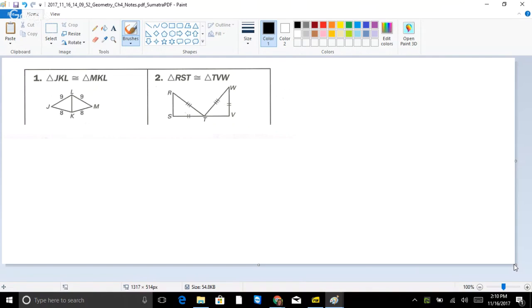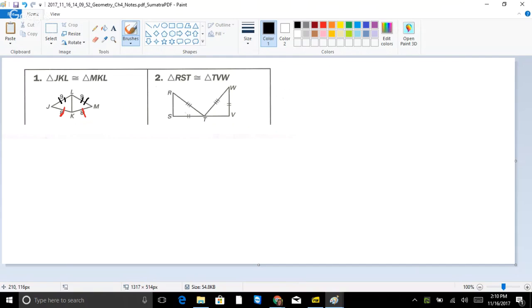All right, so number one, we have triangle JKL congruent to triangle MKL. So this one's actually going to be really, really similar to what we have before. You'll notice that JK and KM are both 8 units, so we could say that JK is congruent to KM. All right, you'll see that JL and LM are both 9, so those are congruent to each other.